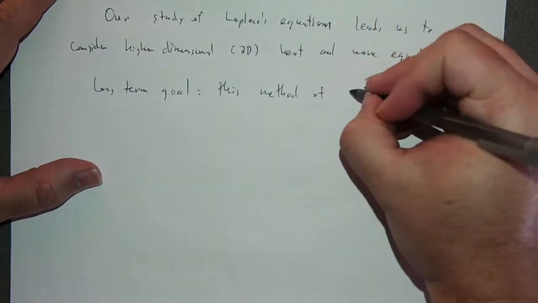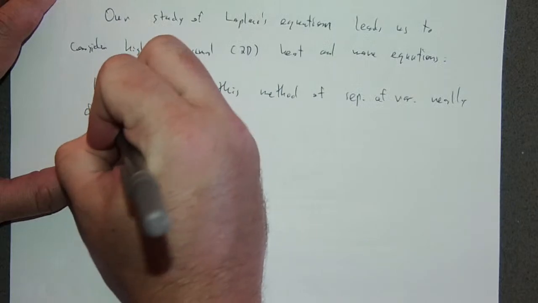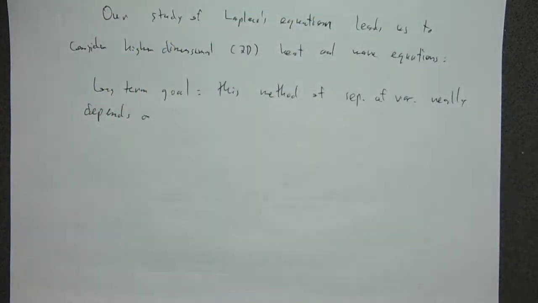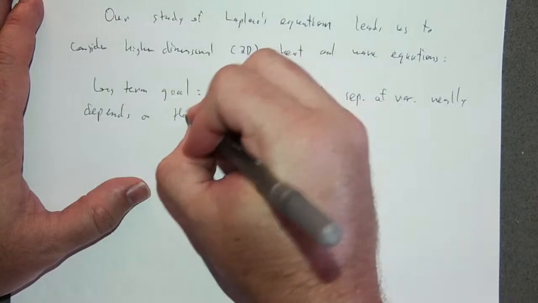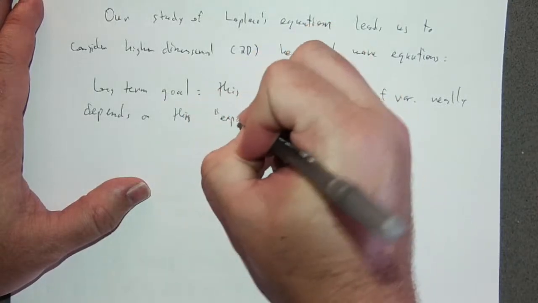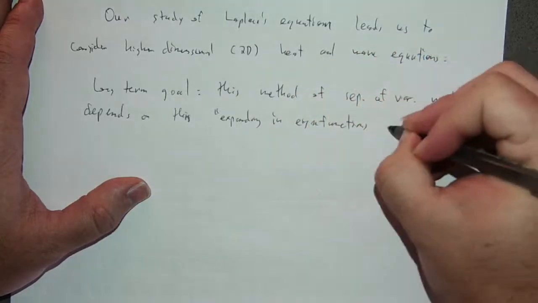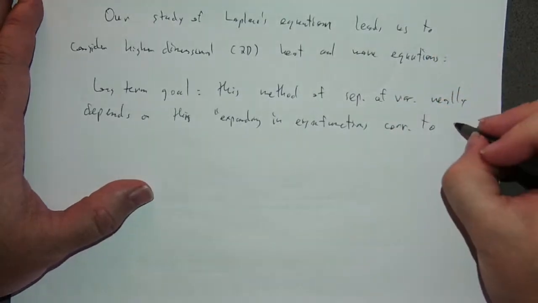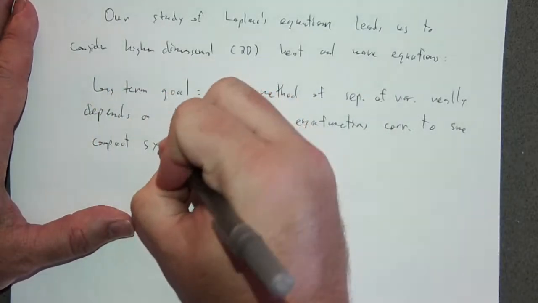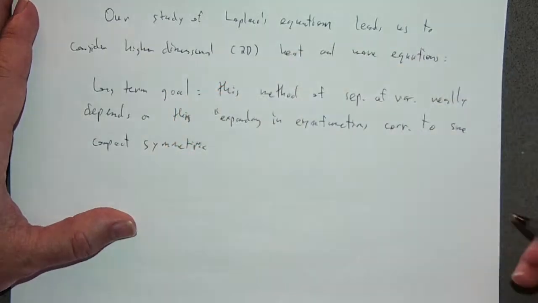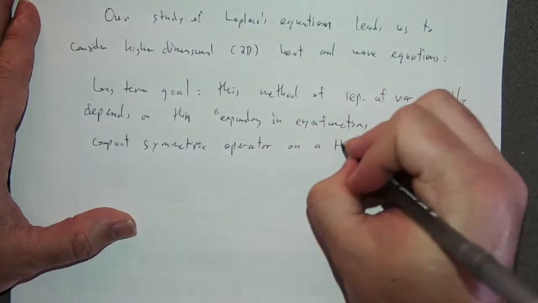This method of separation of variables really depends on expanding in eigenfunctions corresponding to some, we'll say, compact symmetric differential operator on a Hilbert space.